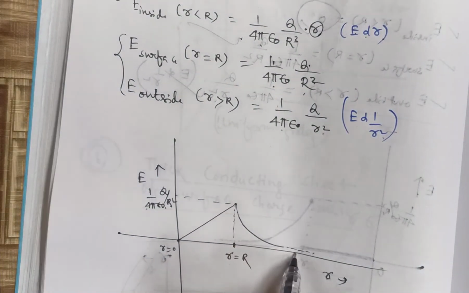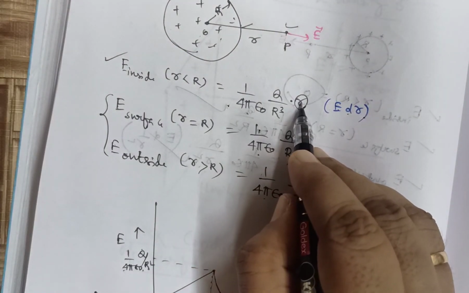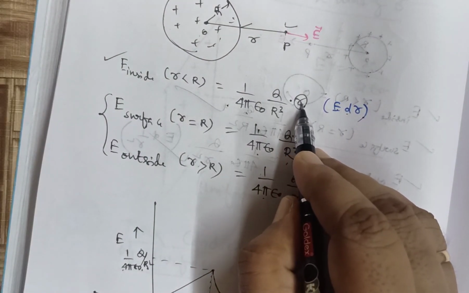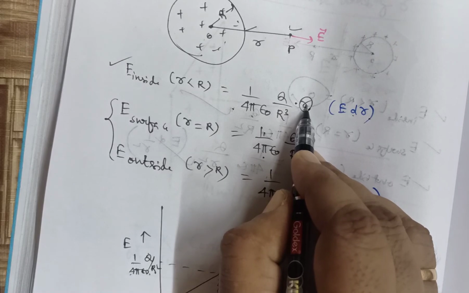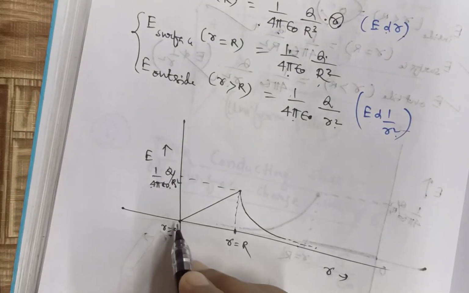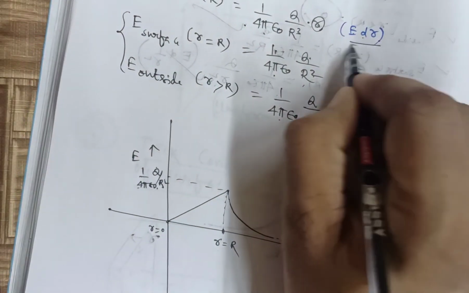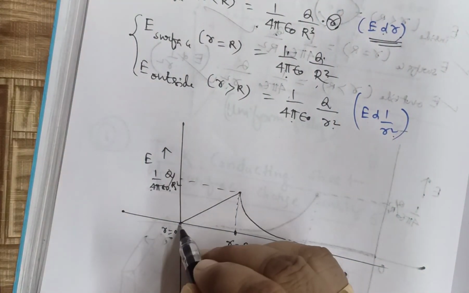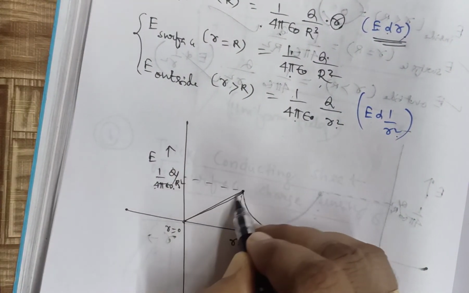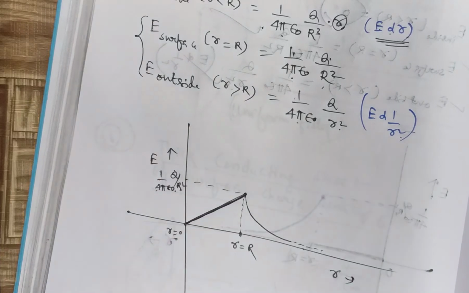So the graph will be like this. Then we will come to inside. Inside, if r is equal to 0, r equal to 0 means center, then at the center the answer will be 0. So the graph starts from 0. As it is proportional to r, the graph increases with increasing value of r as a straight line.